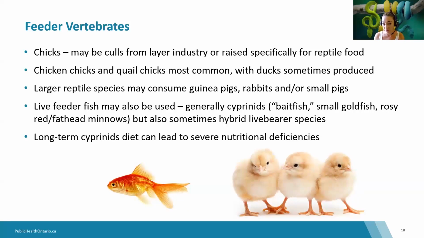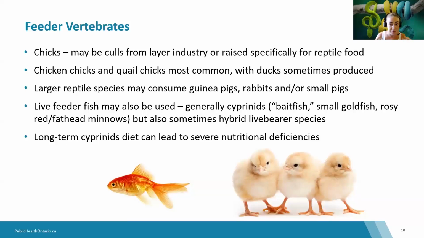There are a lot of larger reptiles out there that might consume guinea pigs, rabbits, and or small pigs. These pigs sometimes are stillborns too, so they may have underlying health issues at the time that they're frozen back for these reptiles. And then there's also live feeder fish. In the pet trade, they're generally cyprinids, things like bait fish that you can buy to go fishing.